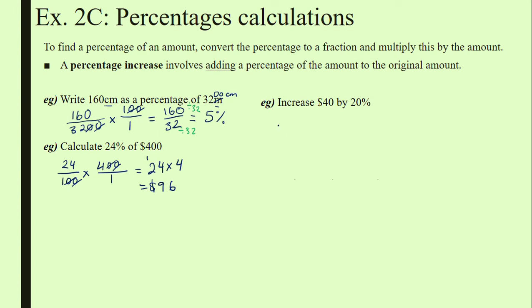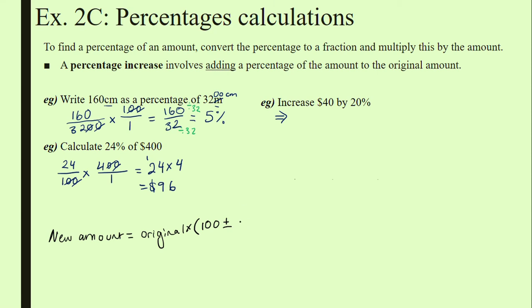I'm going to give you a bit of a formula to calculate percentage increase or decrease, and I'm going to write that down here. The new amount is given by the original amount multiplied by 100, so the whole amount, either plus or minus. We're going to use plus if it's an increase and minus if it's a decrease.